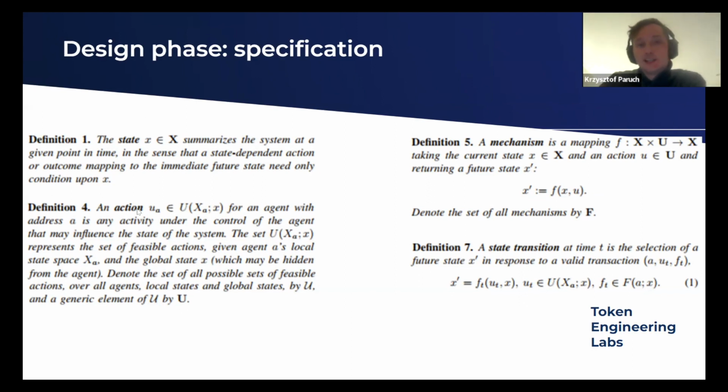So what are actions now? Actions are selections of mechanisms, selections of state transitions that are triggered by an agent or by a system so that they have an eligible set of actions at each point in time.